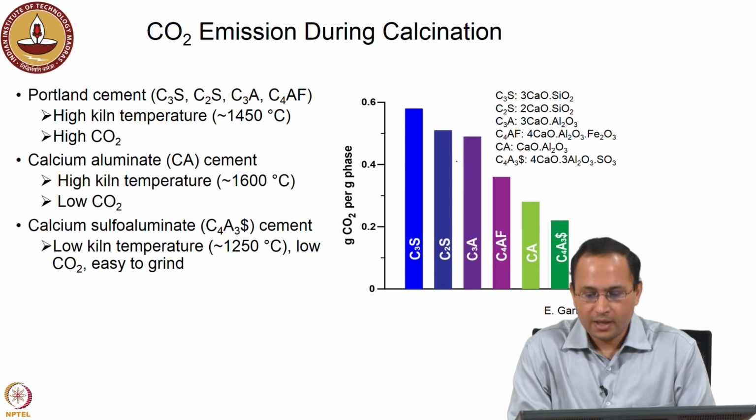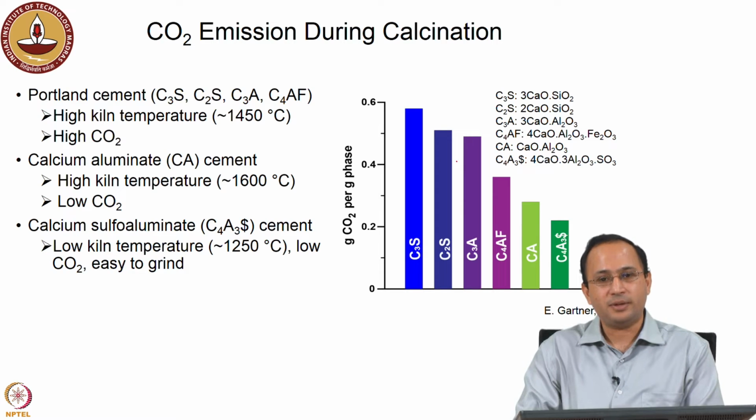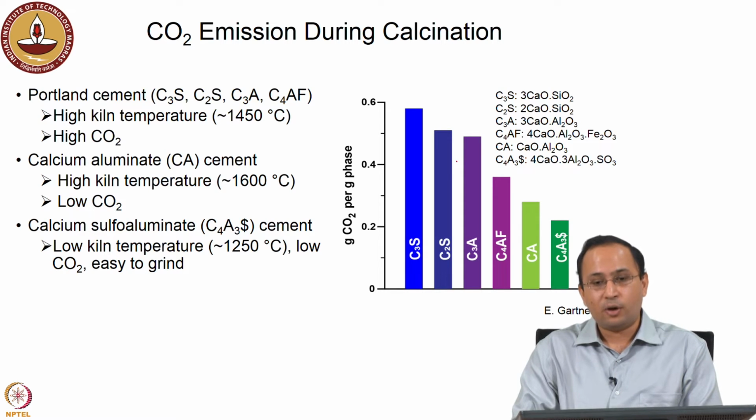Now, if we compare it with calcium aluminate, which is the main phase of calcium aluminate cement, the carbon dioxide footprint is quite low. And C4A3S, which is the calcium sulfoaluminate phase, the main phase of CSA-based cements, is the least among all these phases.